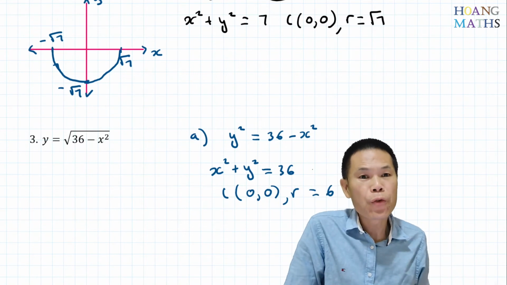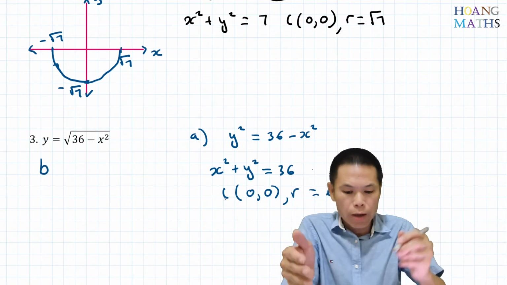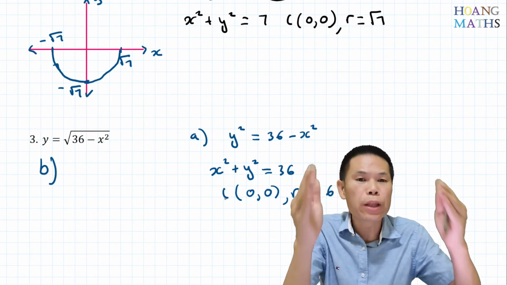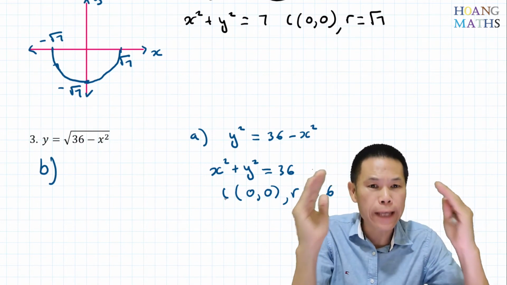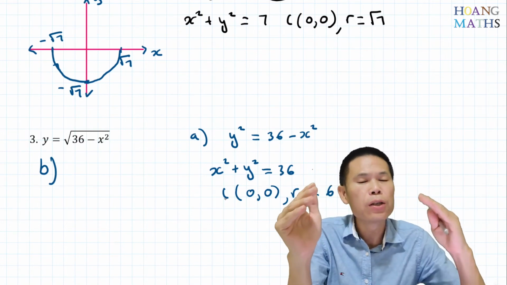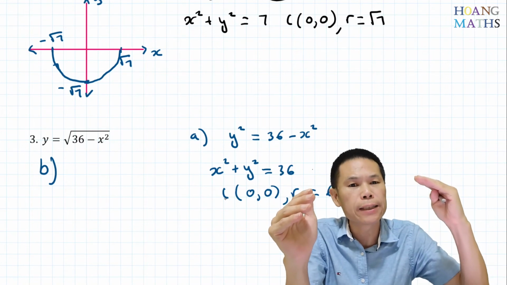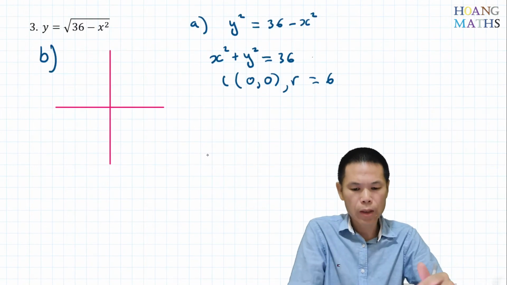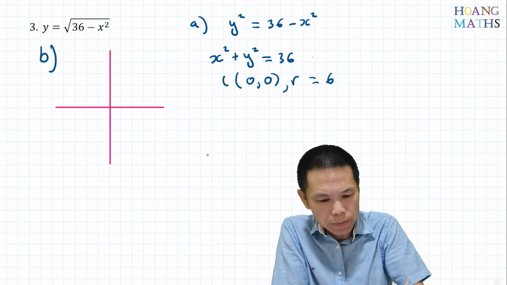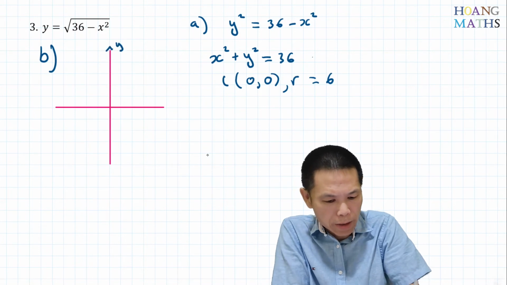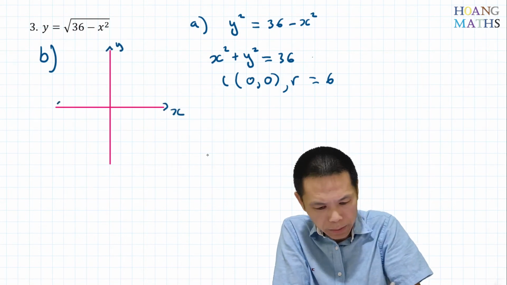Then now for part B, because of the square root, it's not a circle, it's a semicircle and it's positive. So therefore, it's above the x-axis, okay? So let me label this. This is y, this is x.